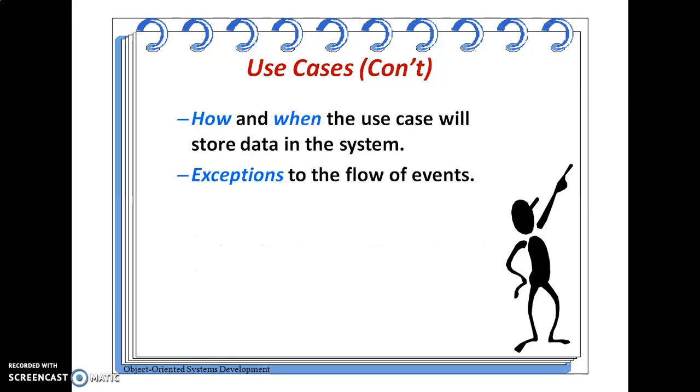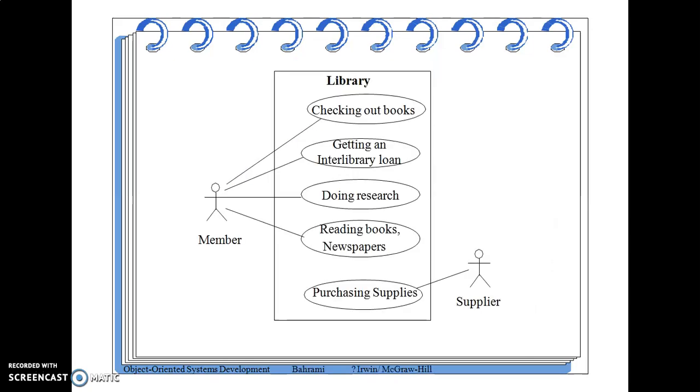For that purpose, we need the use cases. How and when the use case will store data in the system, and exceptions to the flow of events. You might get clear on the concept of use case when we actually draw the use case diagram.